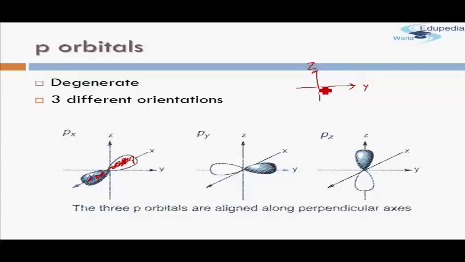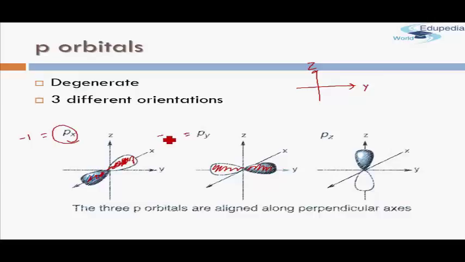The lobes here are aligned along the x-axis, so there is no electron cloud density along the yz plane. The electron cloud density is entirely aligned along the x-axis, that is why we call it px. You can say px has a value of -1. Then similarly, if the electron cloud density is aligned along the y-axis, we call it py.